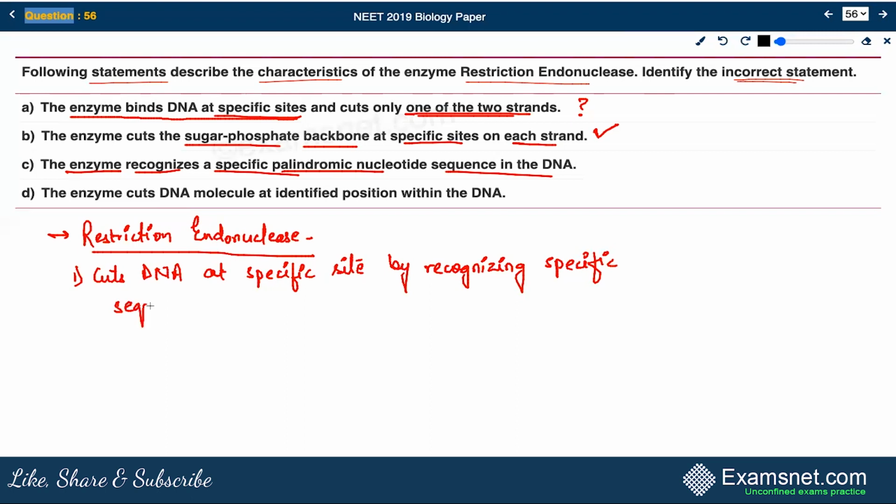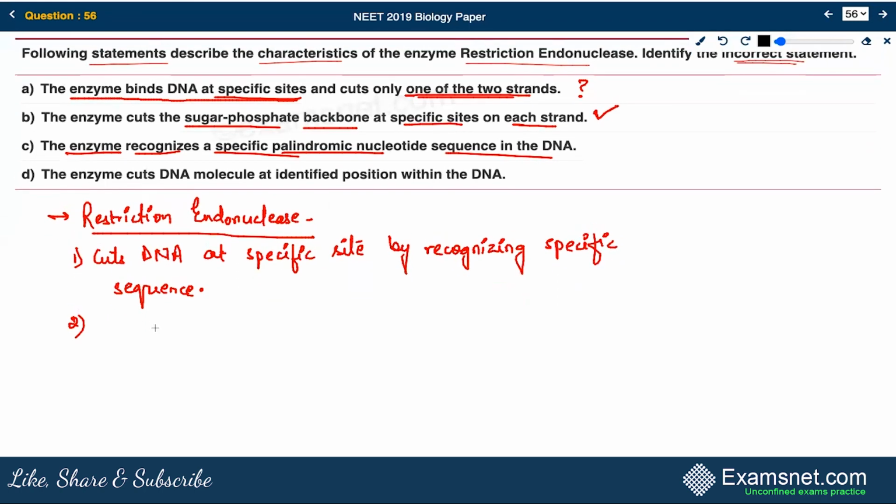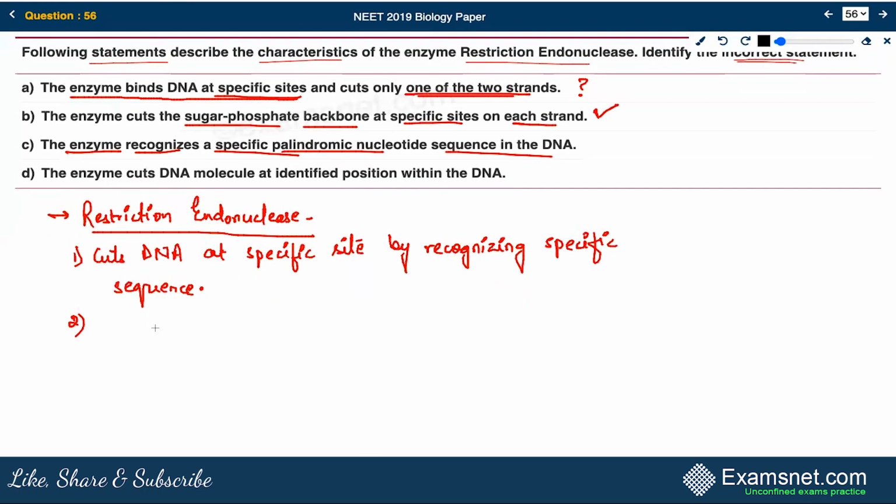Now, definitely each restriction endonuclease is unique, because the restriction endonuclease inspects the length of the DNA sequence. And once it finds its specific recognition sequence, it is going to bind to that DNA and cut both of the strands. That means the cutting will be there in both the strands.